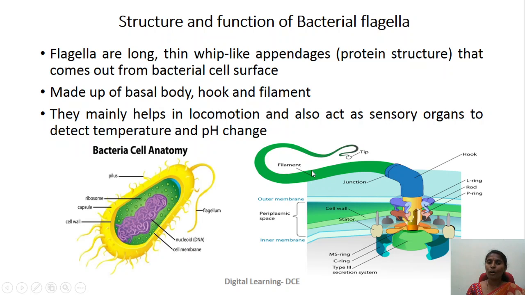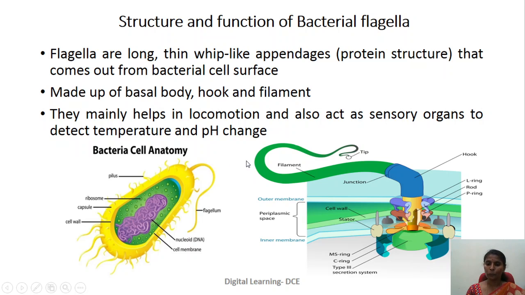The to-and-fro movement of this filament aids in locomotion of the bacteria. Hence, the main function of flagella is to bring about locomotion or movement in the bacterial cell. Along with that, sometimes they also act as sensory organs to detect the temperature and pH change in the medium in which they grow.